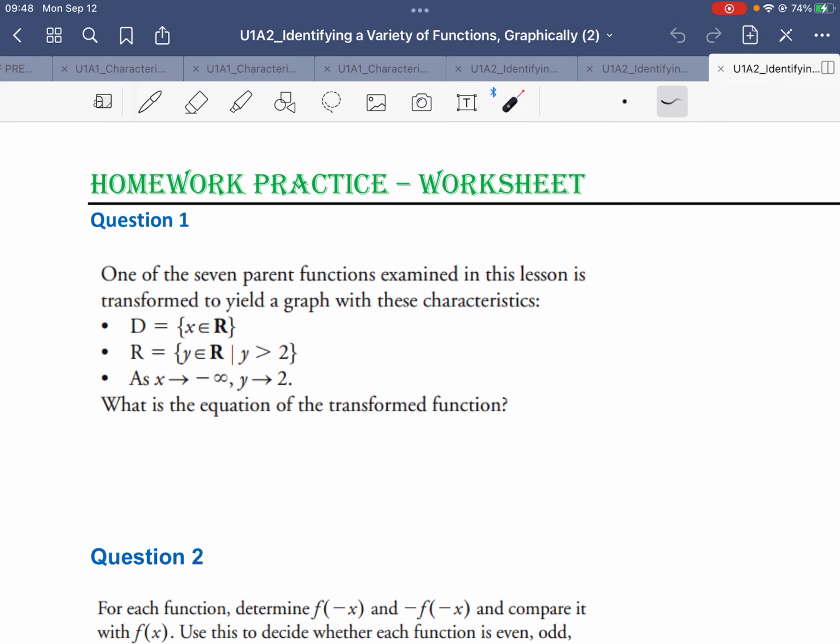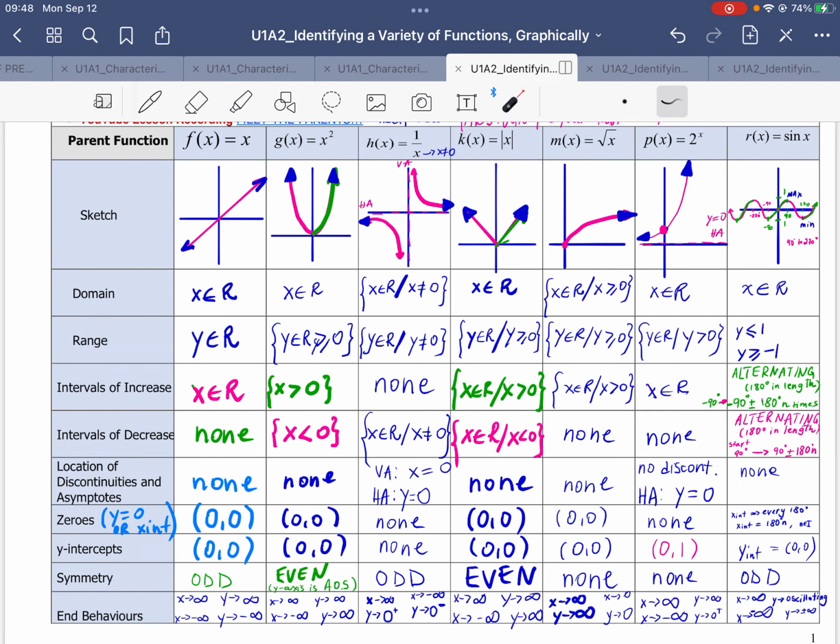So what I would like you to do is go back to the chart and revisit the domain of each function. So the domain in our question is any real number x, which tells us that it can be a linear function, it can be a quadratic, it cannot be reciprocal because there x cannot be just any real number, right?